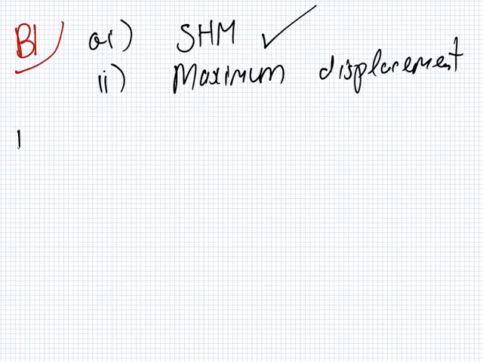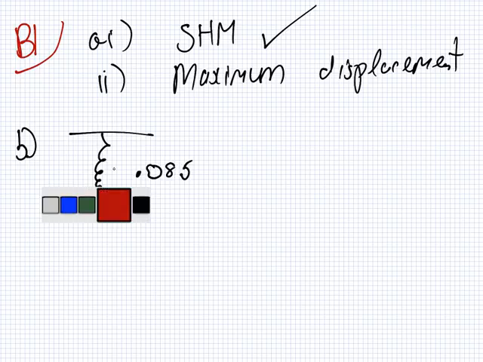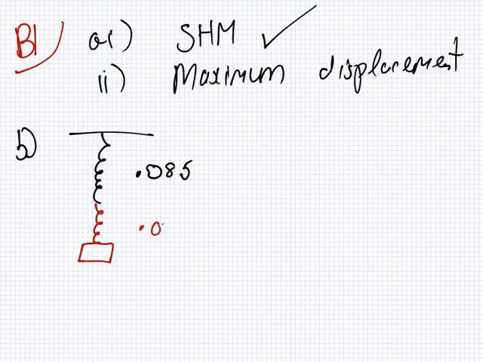Okay, B. You have your spring of length 0.085, and then you stick a mass at the end of it, and it falls down a bit, so the new length is now 0.121 meters.